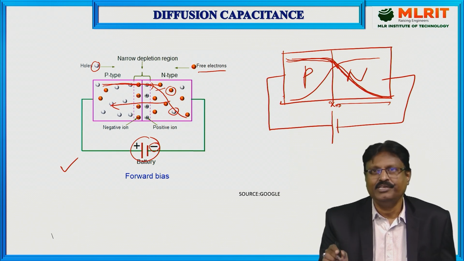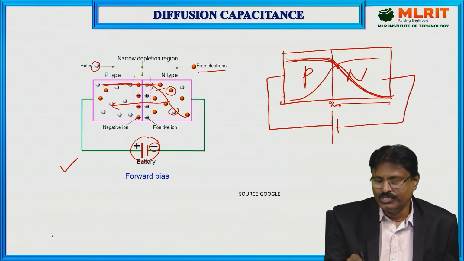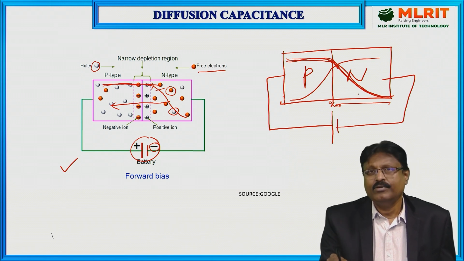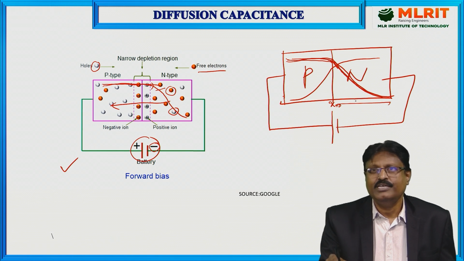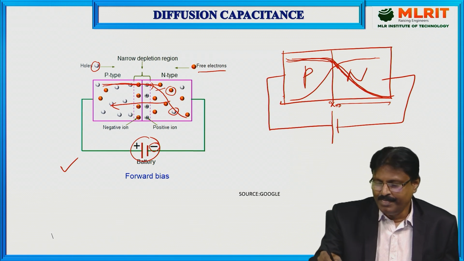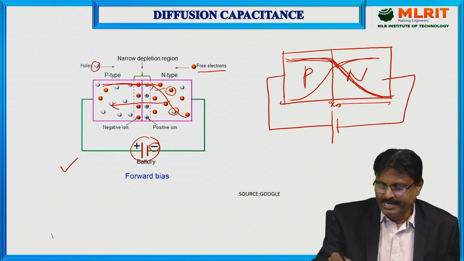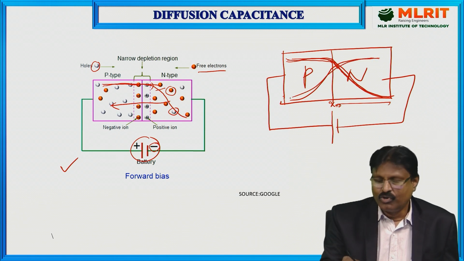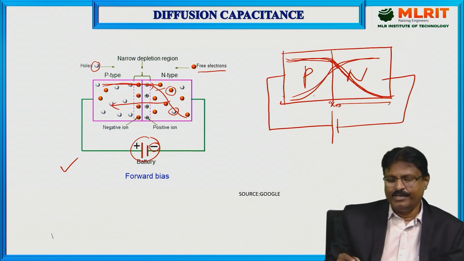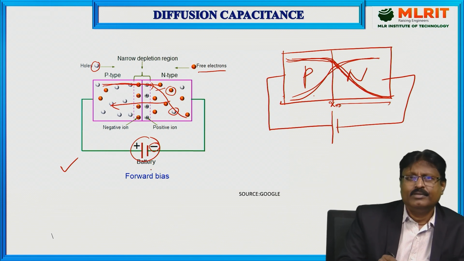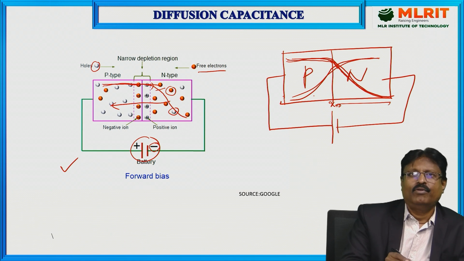Whenever holes move from the P side to the N side, that charge is called injected minority stored charge. Similarly, electrons, whenever they move from the N side to the P side, are also called injected minority stored charge.